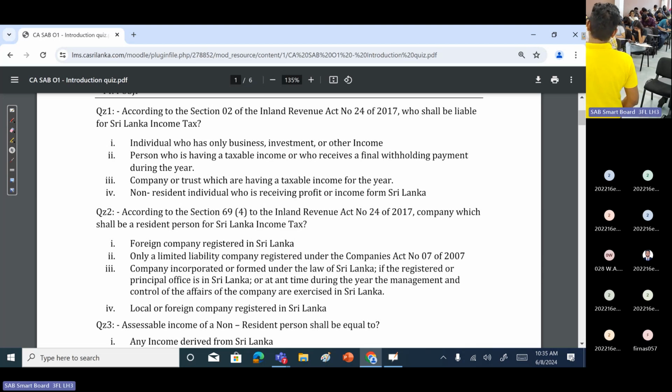It's not a group presentation or a group discussion. It's individual, just like a mock exam.